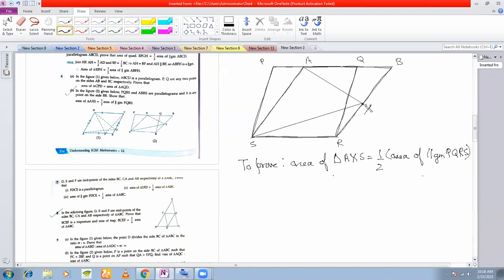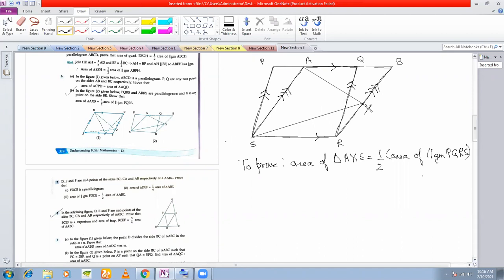Okay, so let's identify the triangle, the parallelogram, bases, and the parallel lines. Now let's mark the parallel lines. These two lines are definitely parallel because PQRS is a parallelogram, also ABRS is a parallelogram, and these two are parallel. Also these two are parallel because ABRS is a parallelogram.